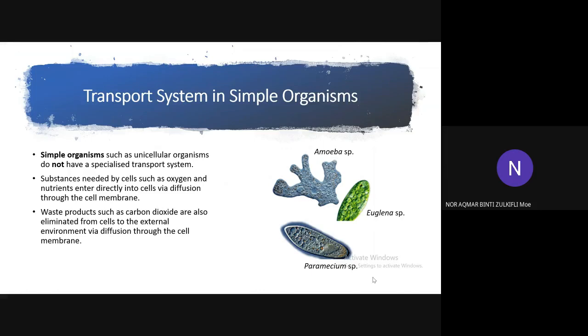Waste products such as carbon dioxide are also eliminated from cells to the external environment via diffusion through the cell membrane. Again, students, please remember the word diffusion for any process of eliminating or gaining oxygen. The examples of simple organisms are amoeba, euglena, and paramecium.